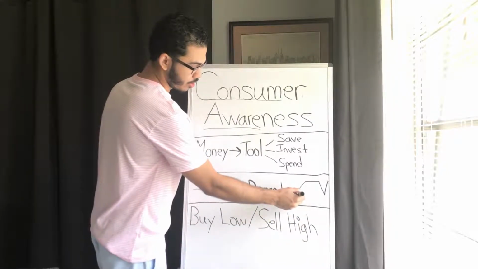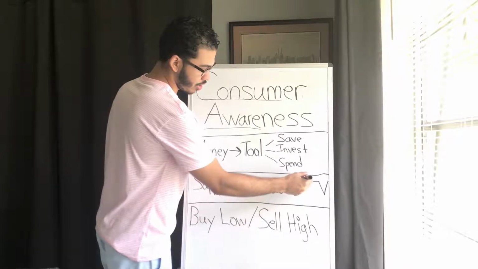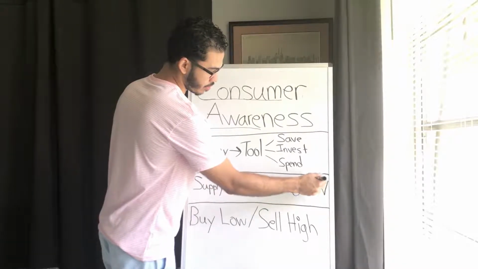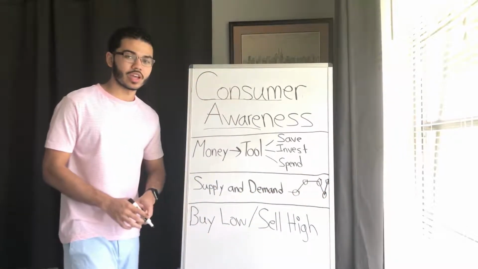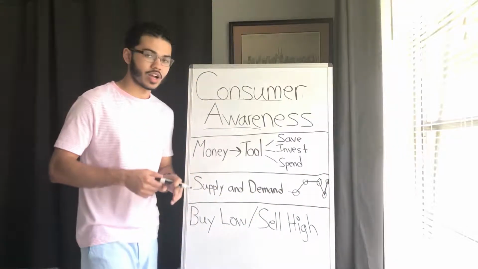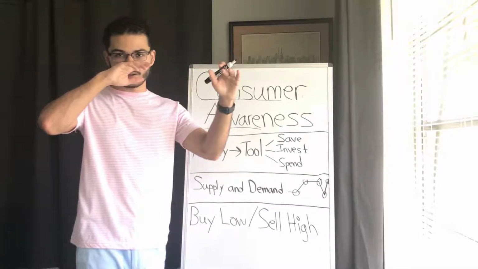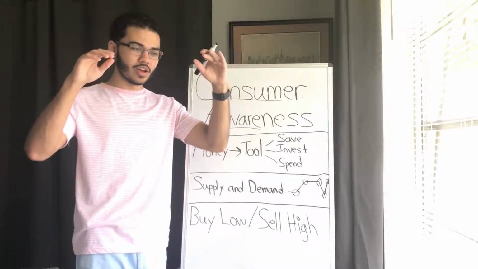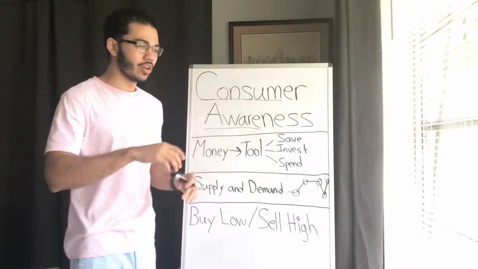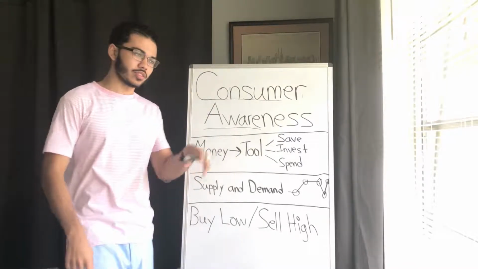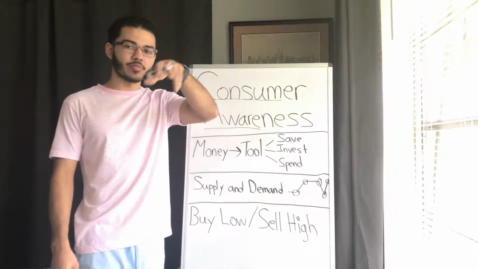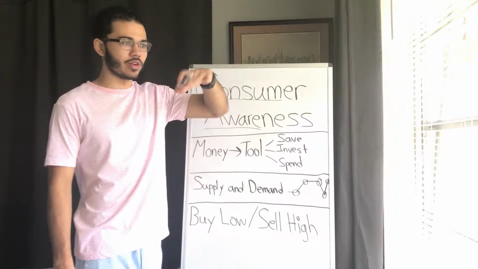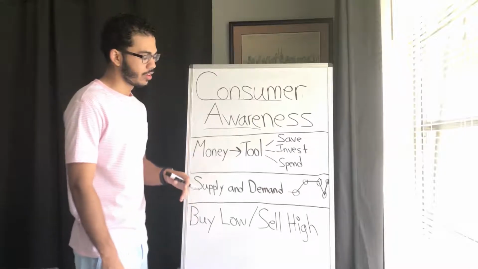Okay, so I have a little drawing right here of a chart. If you were to look at a stock market graph, right, of a chart of a company's stock holdings, you're always going to see a bunch of lines up and down, right? The Dow Jones up and down, the NASDAQ up and down, S&P, everything's always going up and down, right?